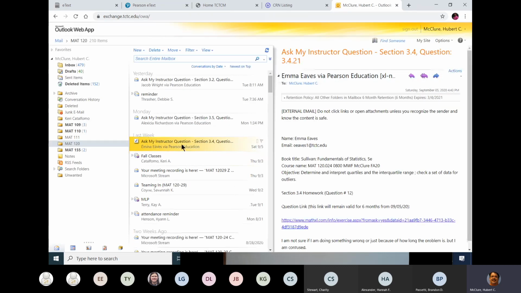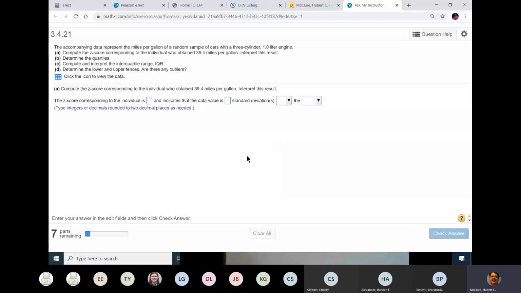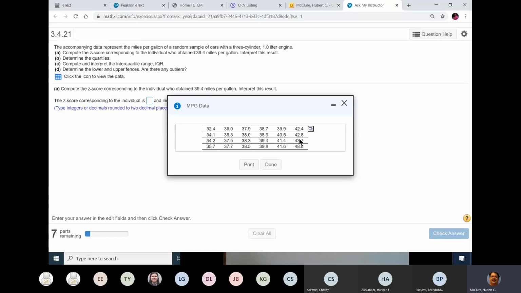3.4, 21/12. I'm trying to hurry so I can get to a numbers question, do the interquartile range. Okay, the accompanying data represents miles per gallon of a random sample of 3-cylinder, 1.0-liter cars. Compute the z-score. Okay, what do they got for us?